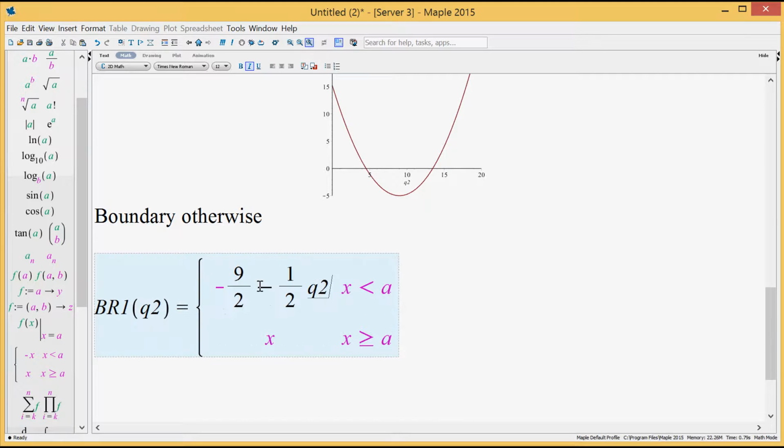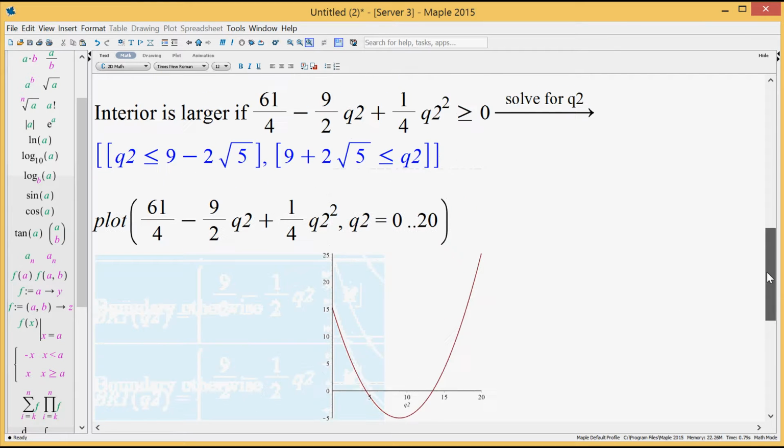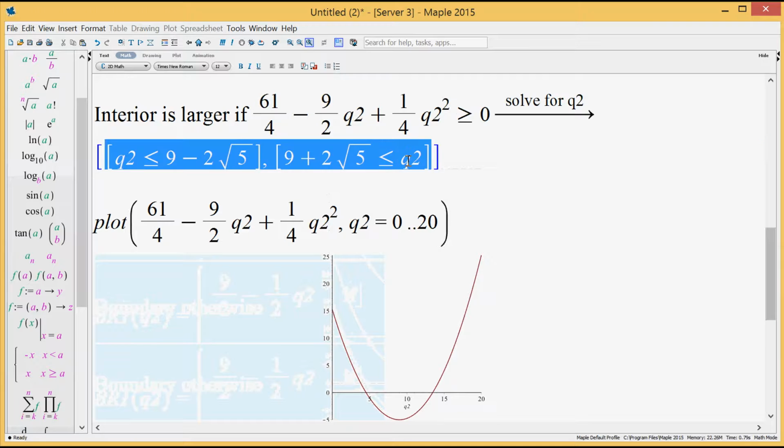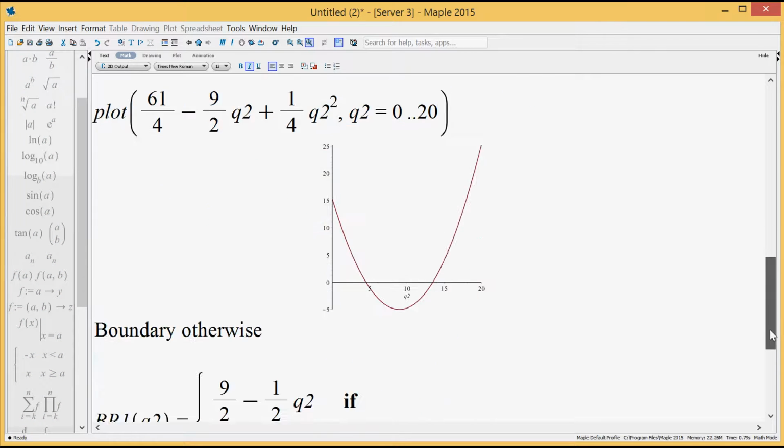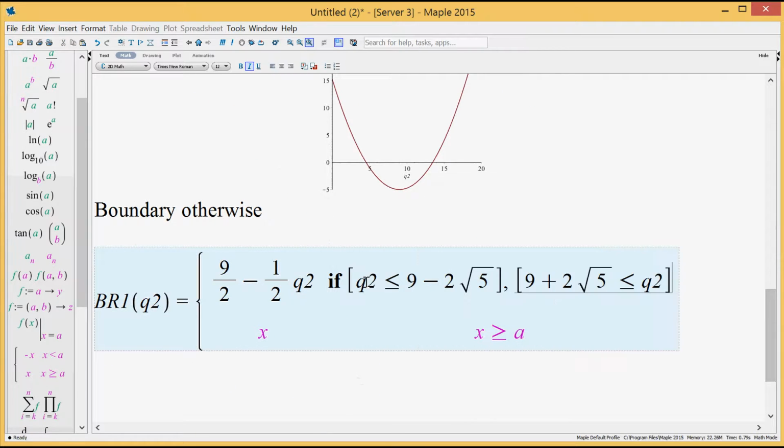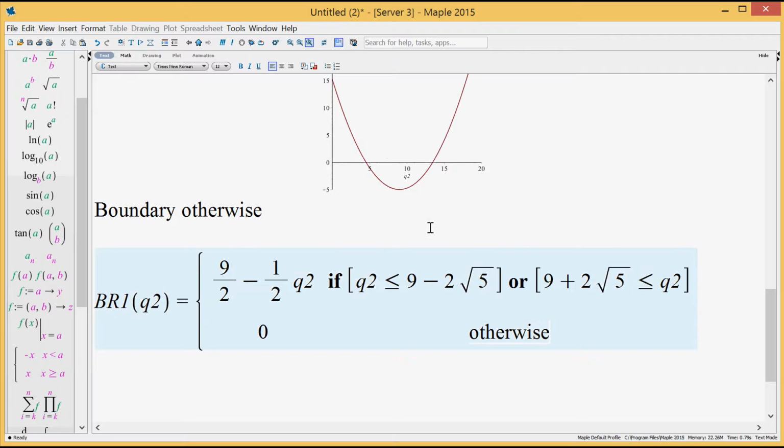And this happens if this thing happens, and there should be an 'or' in between. And otherwise it is 0. So that's how you write down the best response correspondence or function.